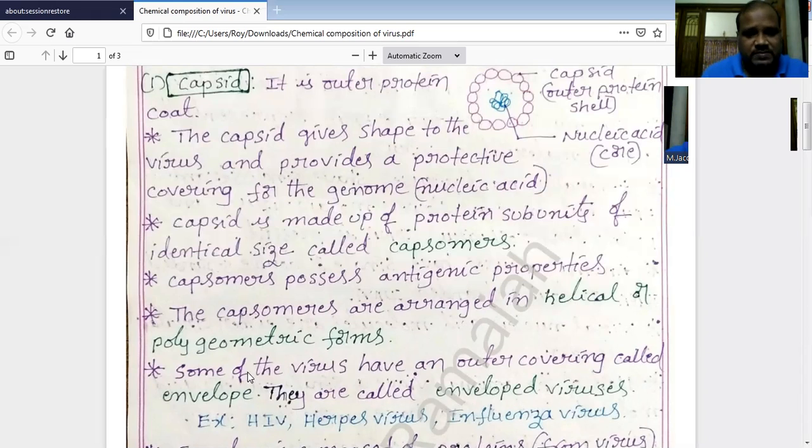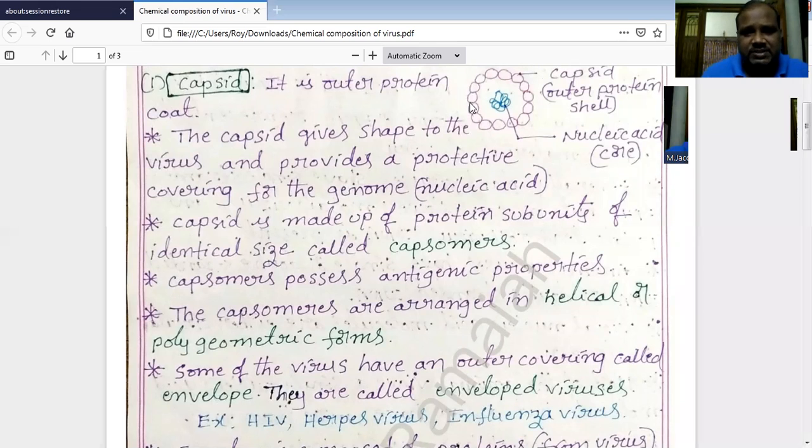Some viruses have an outer covering that is called the envelope. This envelope is present outside the capsid.